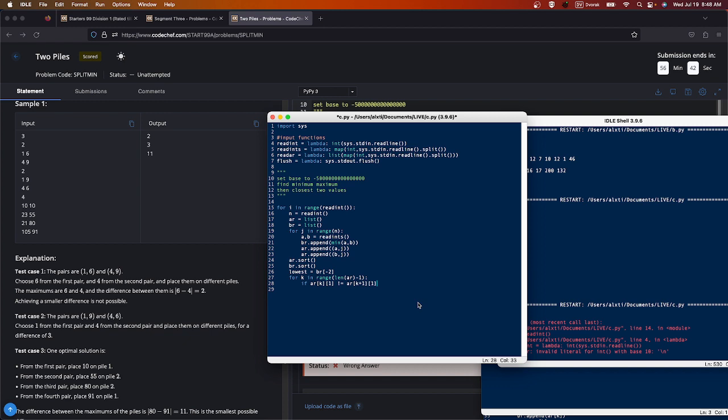So they can't be in the same pair. And the values themselves have to be at least equal to lowest.